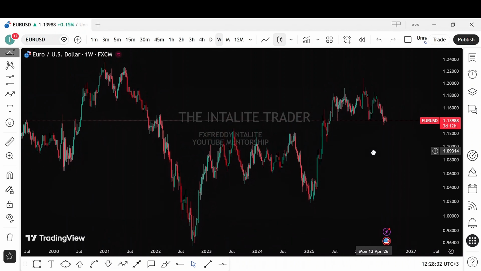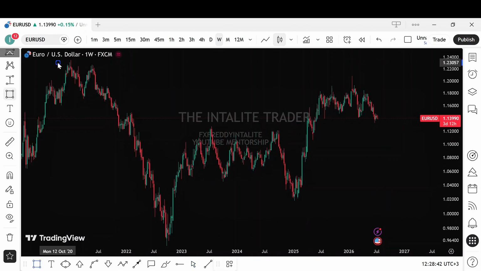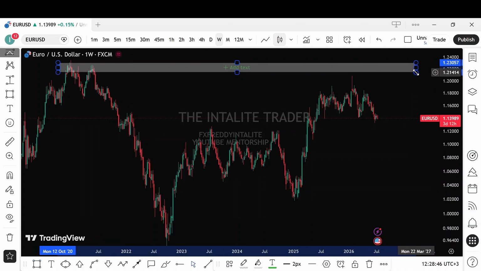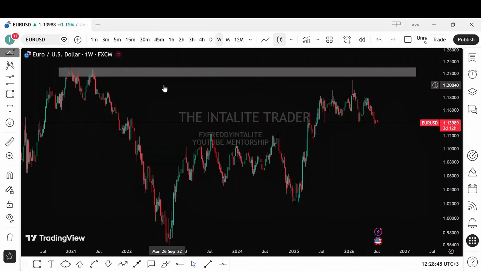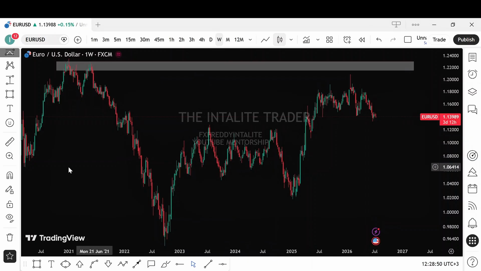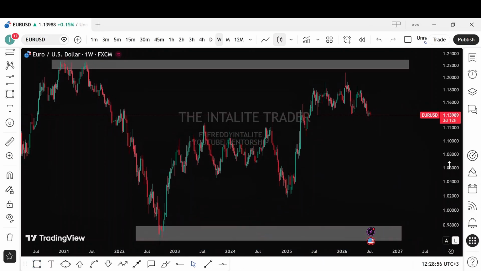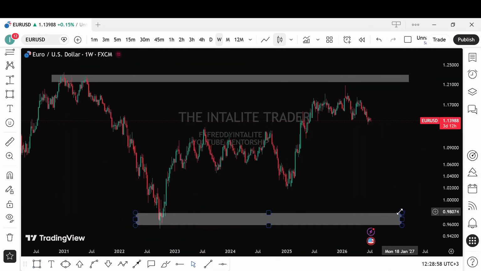If you look at this chart, we are going to mark this as our extreme swing high, and then we shall mark this level as our extreme swing low, this one.